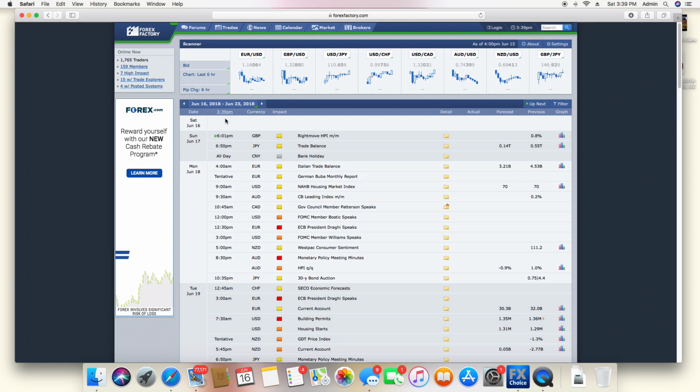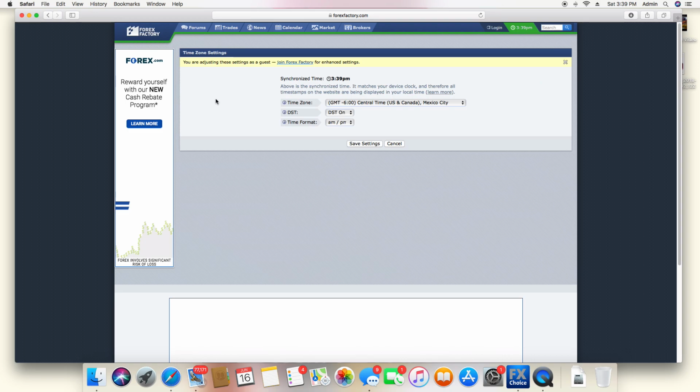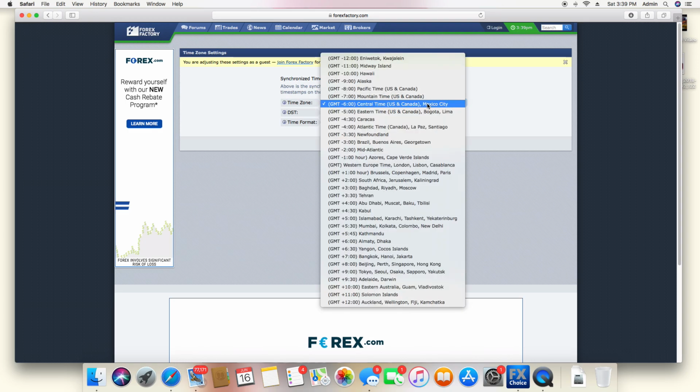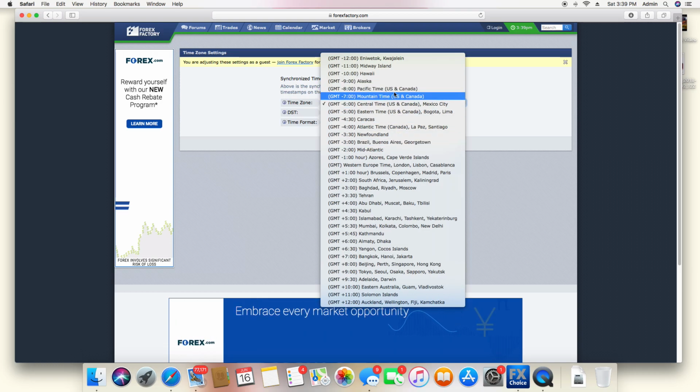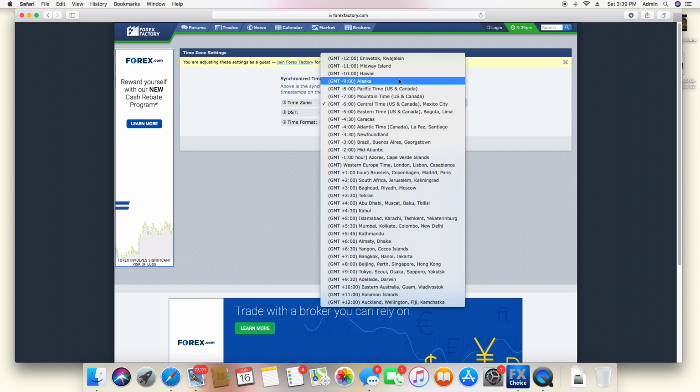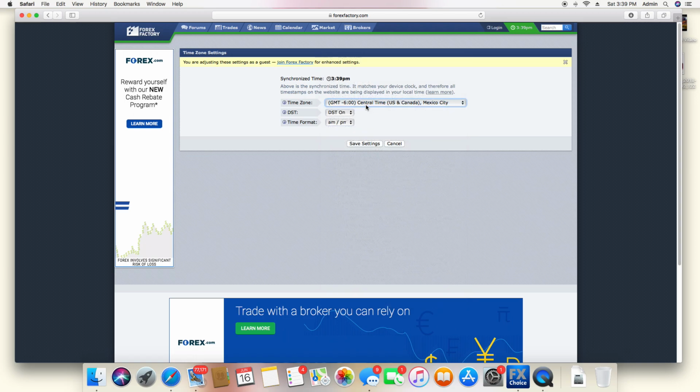If you need to change yours to match your time zone, all you need to do is just click on it, and then you find your time zone here where it says time zone, whether you're Pacific Standard Time, Mountain Time, Eastern Time, no matter where you are in the world, every time zone that exists is on here. All right, so you should be able to find your time zone.